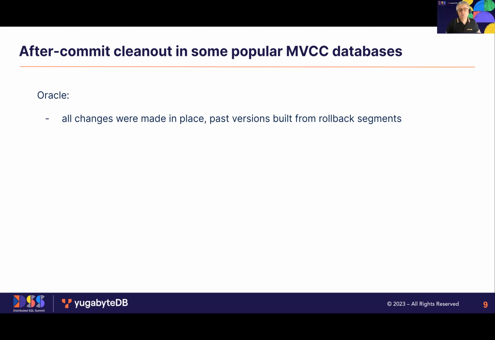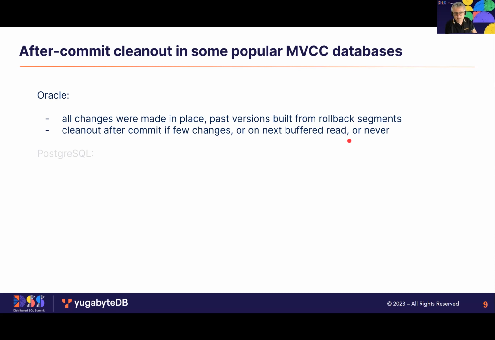Oracle does it differently. Rather than staging the changes, it stages the past version into rollback segments. And a cleanout will happen later. It can be done immediately at commit if there are just a few rows, or later the next reads will clean up all that.